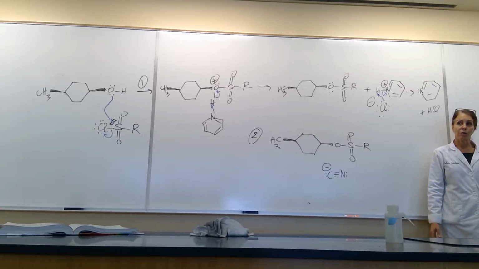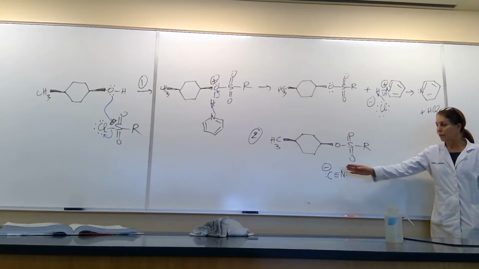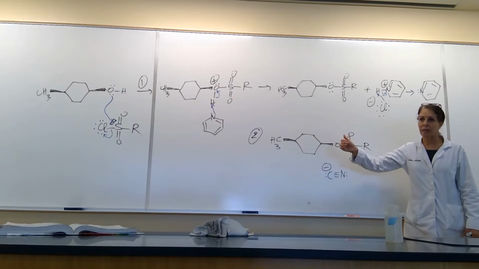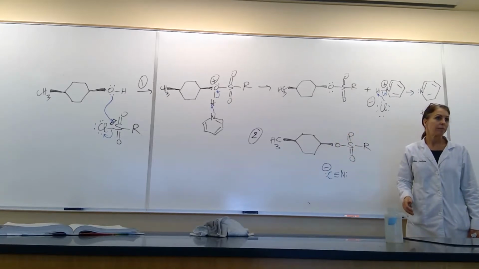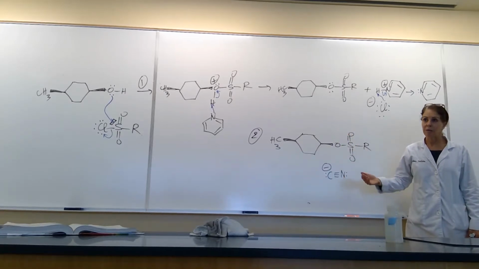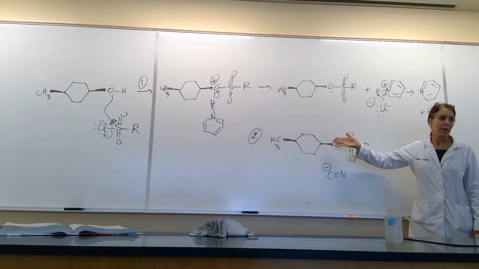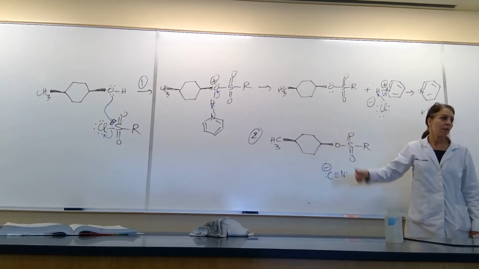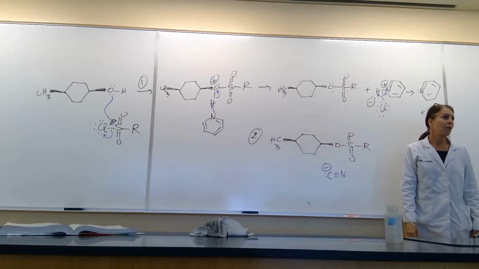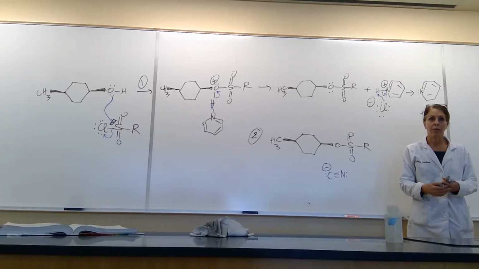It's an SN2. So how does SN2 happen? Will this come on this side or the back side? Back. So it's back attack. So this has to leave from the front. But then what happens? It's an inversion of configuration. Remember? So if you have an SN2, there's always inversion of configuration.